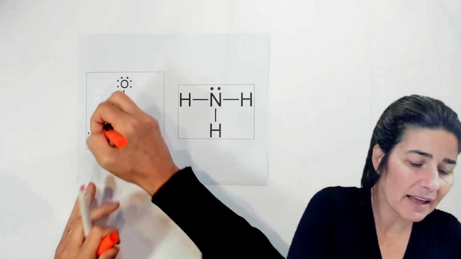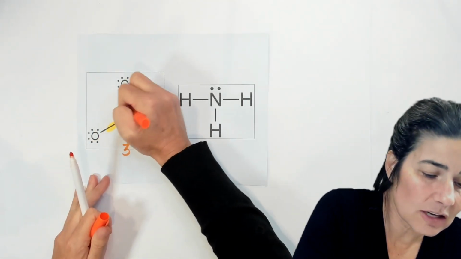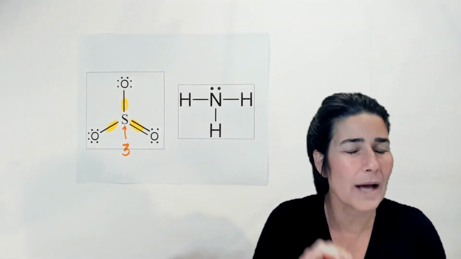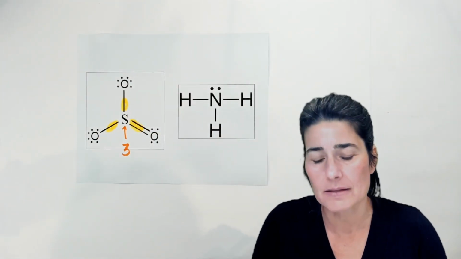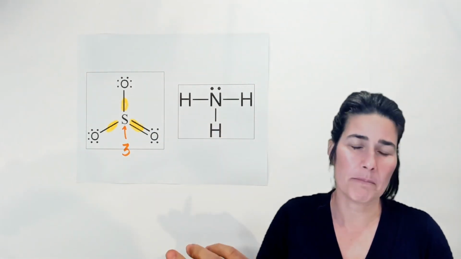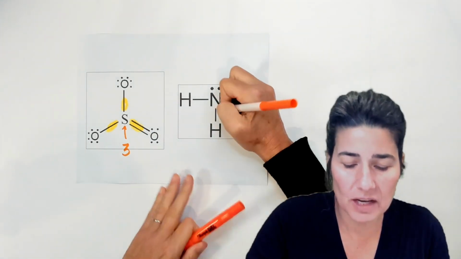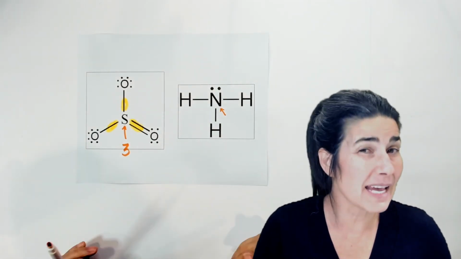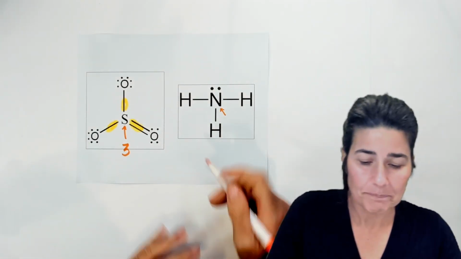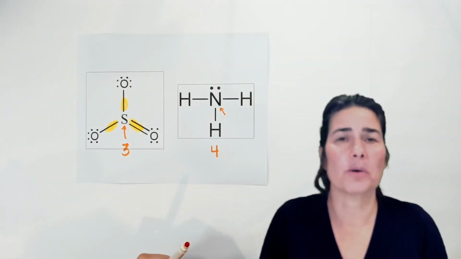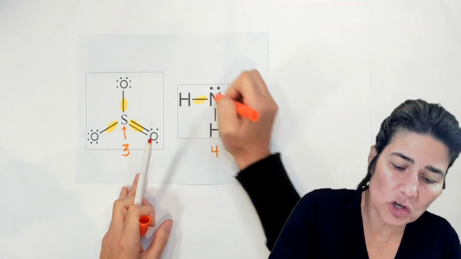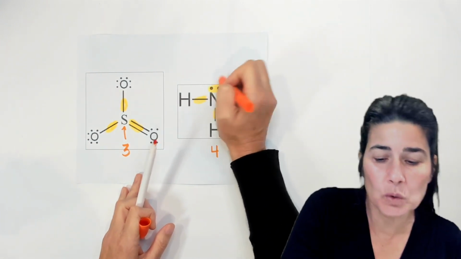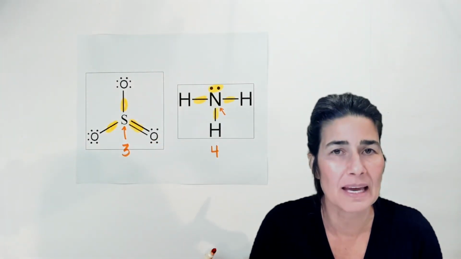A single bond counts as a domain, a single bond counts as a domain, and a double bond counts as one domain. 3 domains. For the ammonia molecule, if I asked you the number of domains around the nitrogen, you should say 4. There are 4 domains around nitrogen. This is a domain, this is a different domain, a third domain, and a lone pair is the 4th domain.